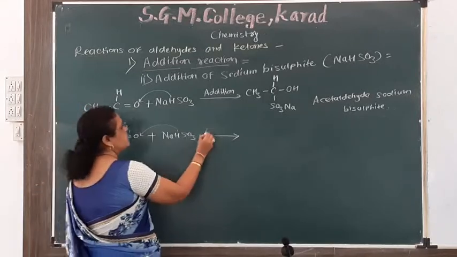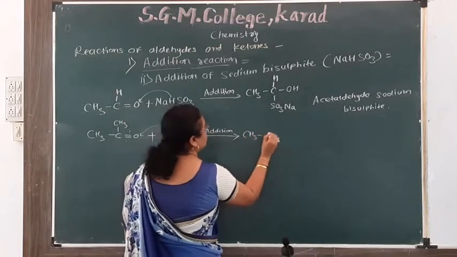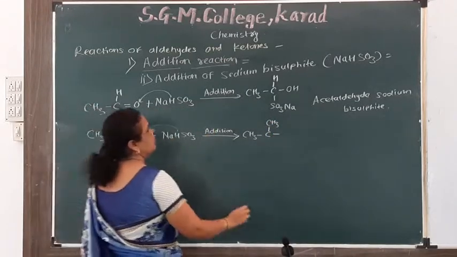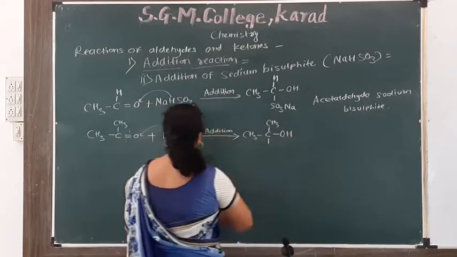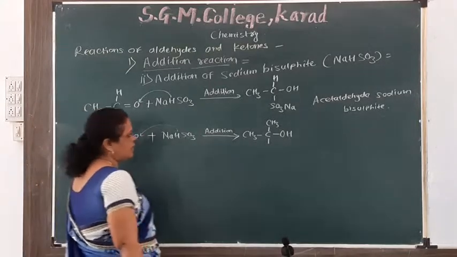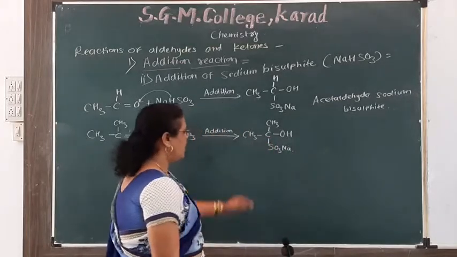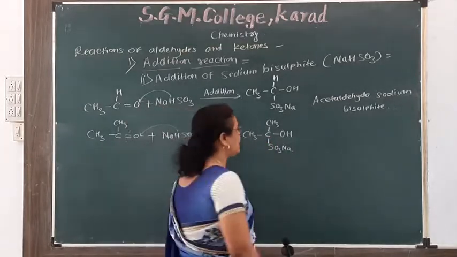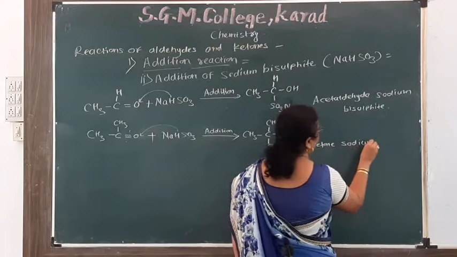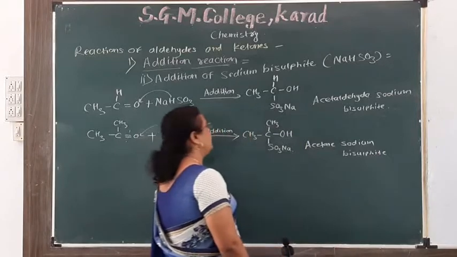The product is CH3CH3C(OH)SO3Na. This is the addition product, named acetone sodium bisulfite.